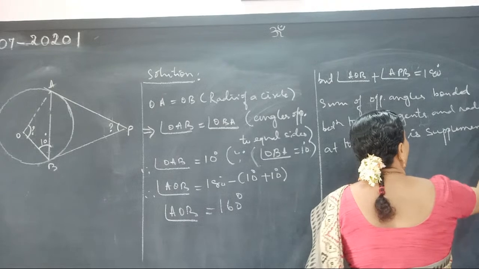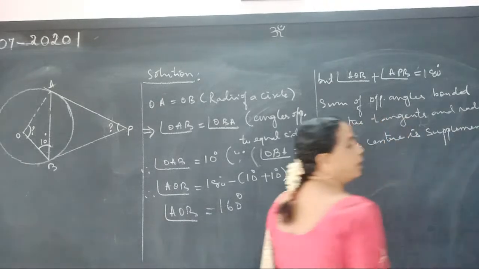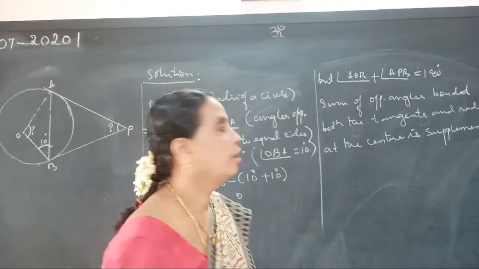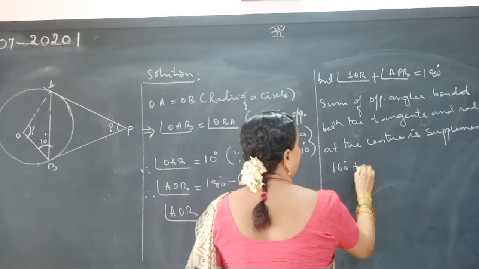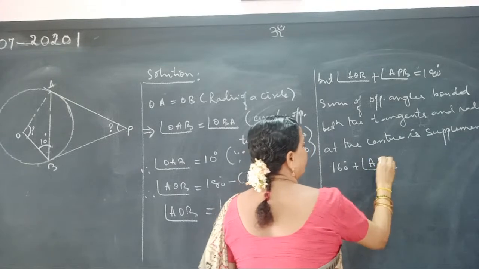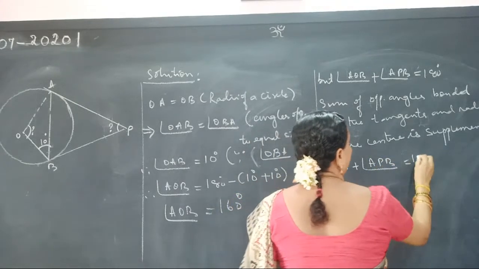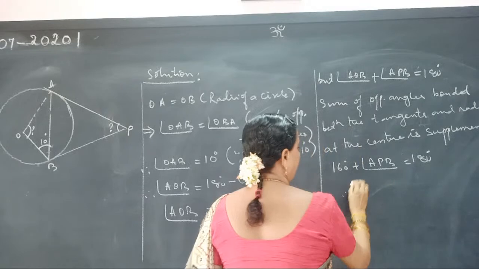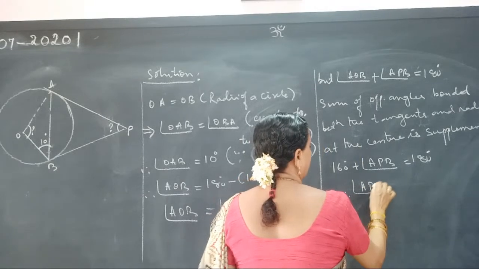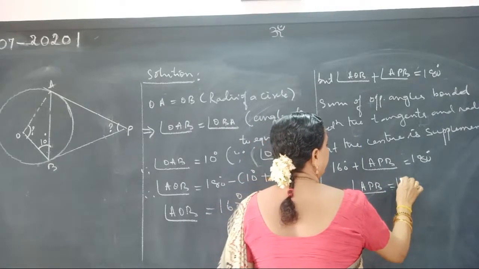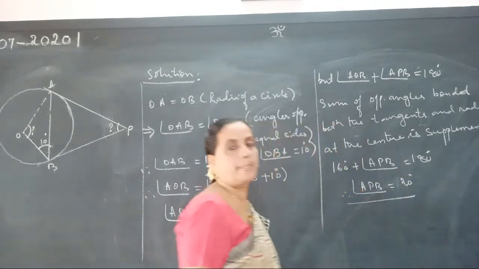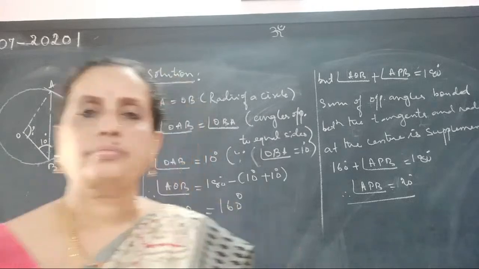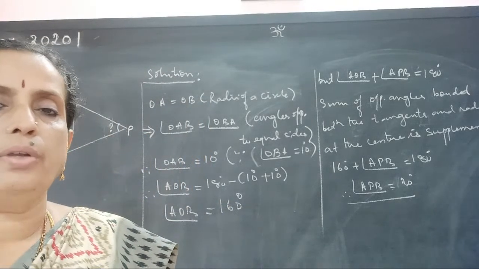The sum of the two angles bounded is supplementary. So AOB is 160 degrees. APB we have to find out. So the measure of angle APB equals 20 degrees. Okay.